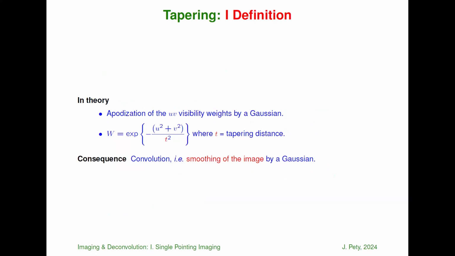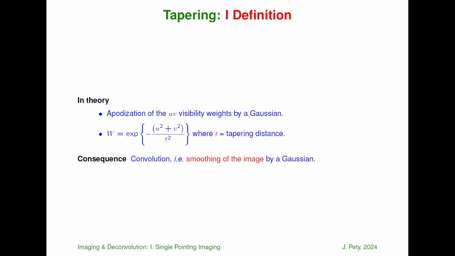The second possibility is to taper your visibilities, the weighting of your visibilities. So tapering is that you will use as W function a Gaussian as a function of the distance, and T being the tapering distance. Okay. So basically, you're multiplying your weight by a Gaussian in the UV plane.